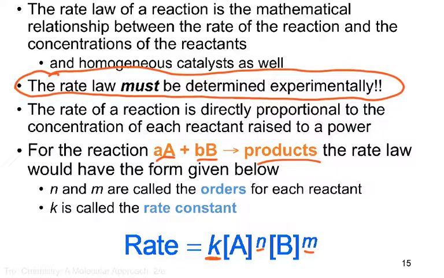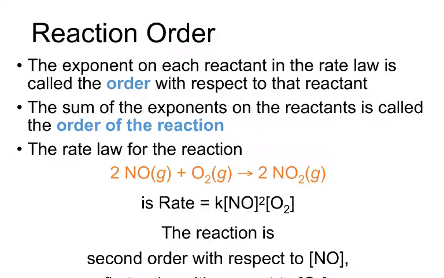There we can then plug in any concentrations for A and B, as long as you know the rate constant and the orders of the reaction, those exponents, you will be able to determine the rate of the reaction.